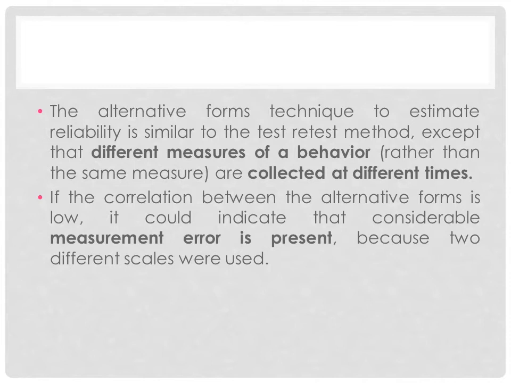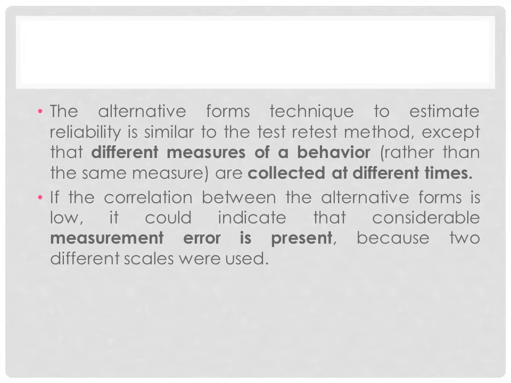In the alternative forms, you can take it at the same time. First, you administer your test A, which is your original test, and then after a few hours, after a few rests as well, you administer test B, which is the alternative form, just to check the reliability of your test A.